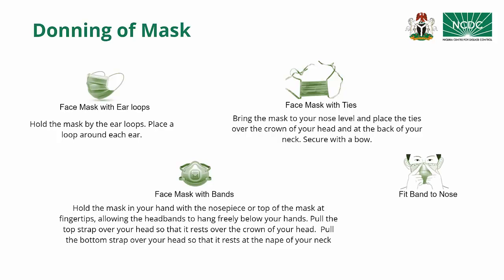For all mask types, once the mask has been worn, fit the flexible band to the nose bridge and snug to face and under chin to ensure the mask is fitted to face and secured.